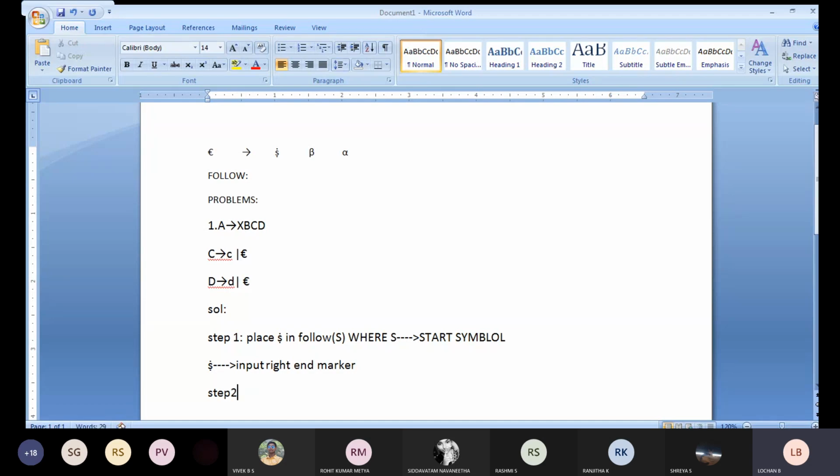When it comes to step 2, we need to check the production of the form A implies alpha B beta.